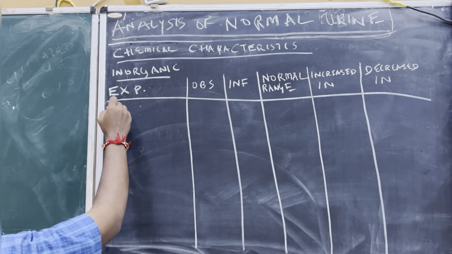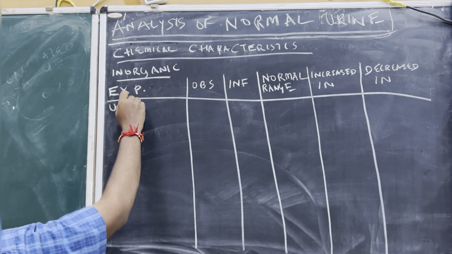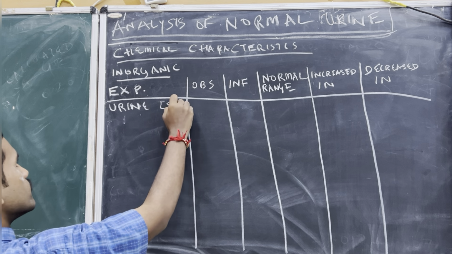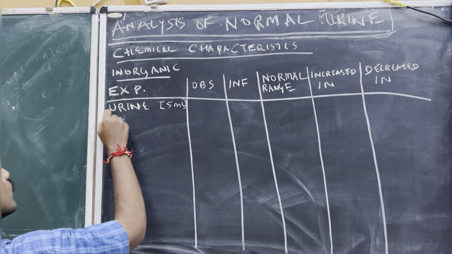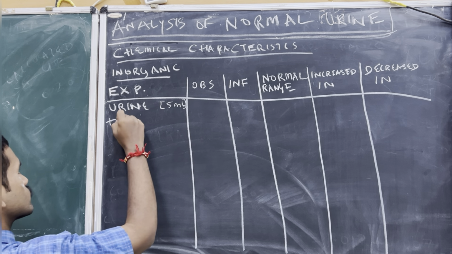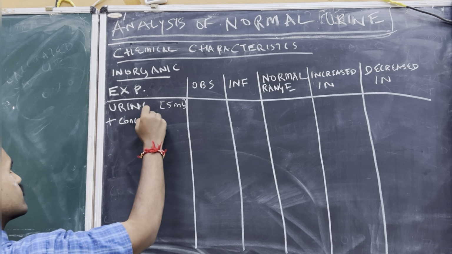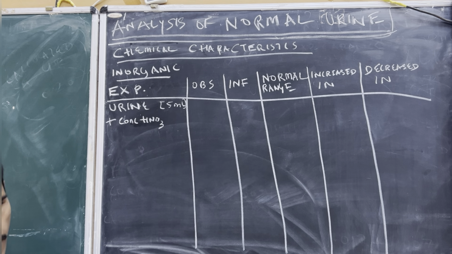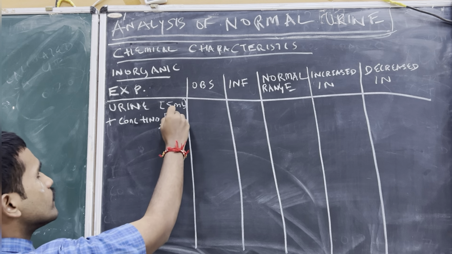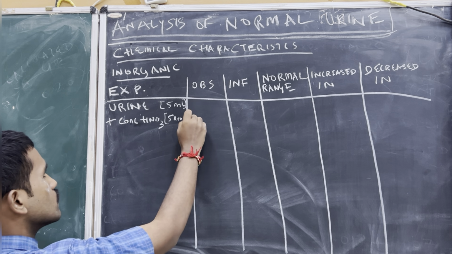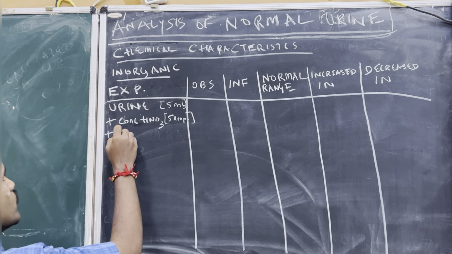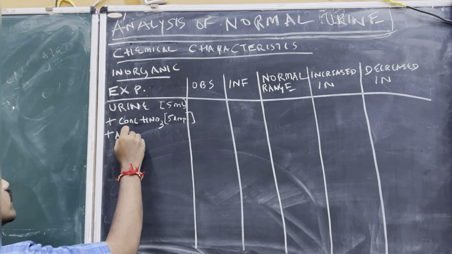So phosphate, what are we doing? We are taking urine, 5 ml, we are adding concentrated nitric acid, five drops, and we are taking ammonium molybdate.